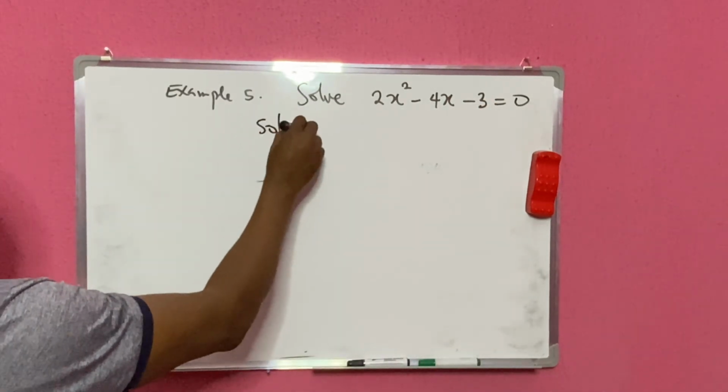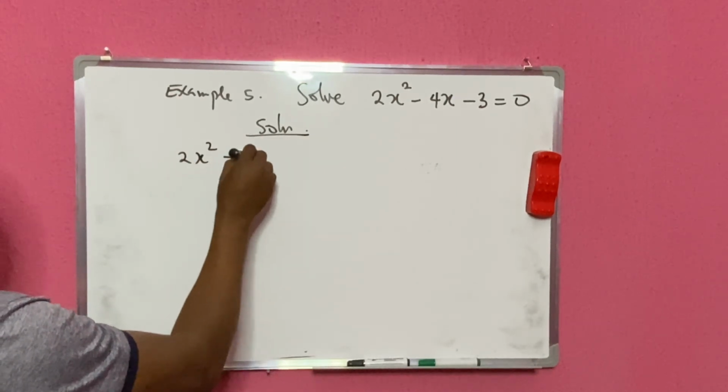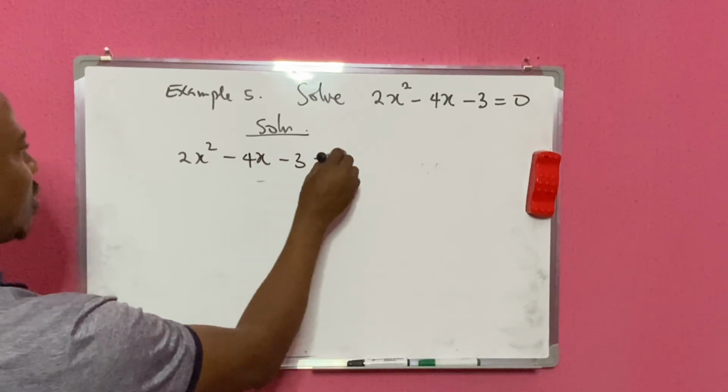Solving this one, 2x squared minus 4x minus 3 equals 0.